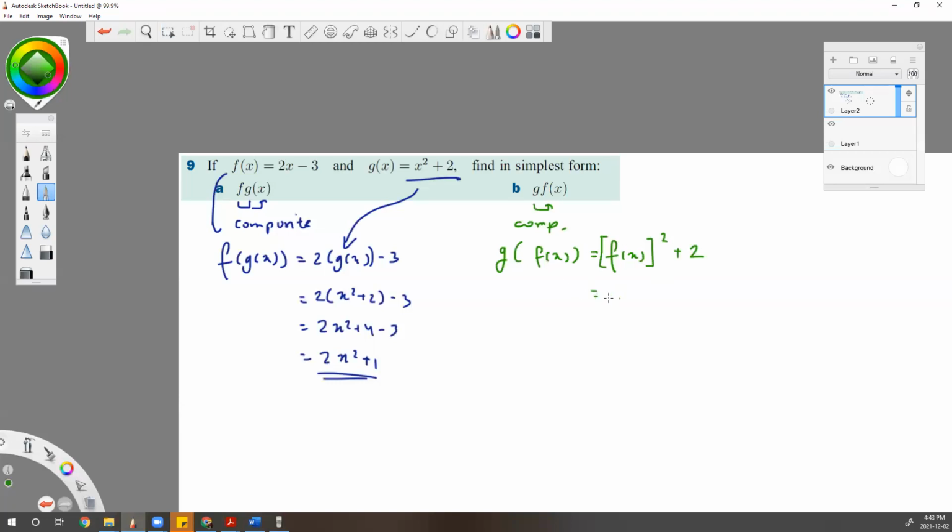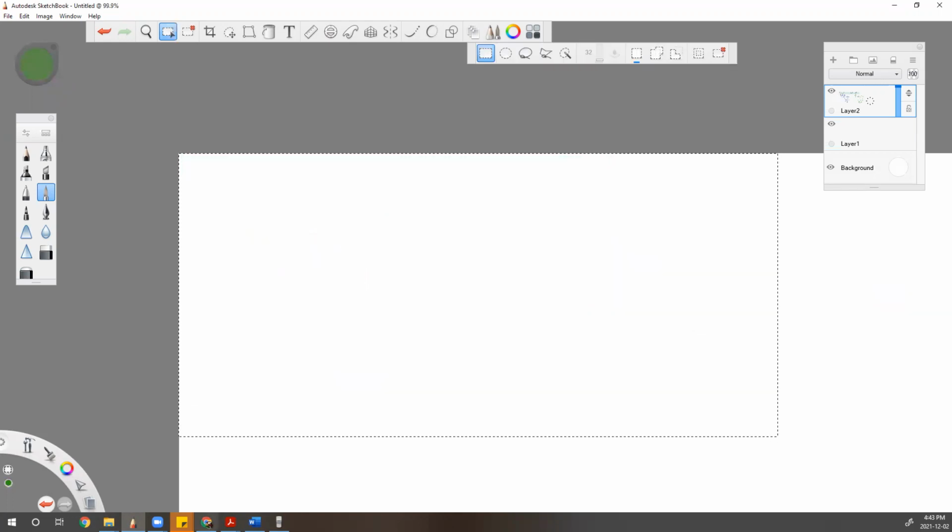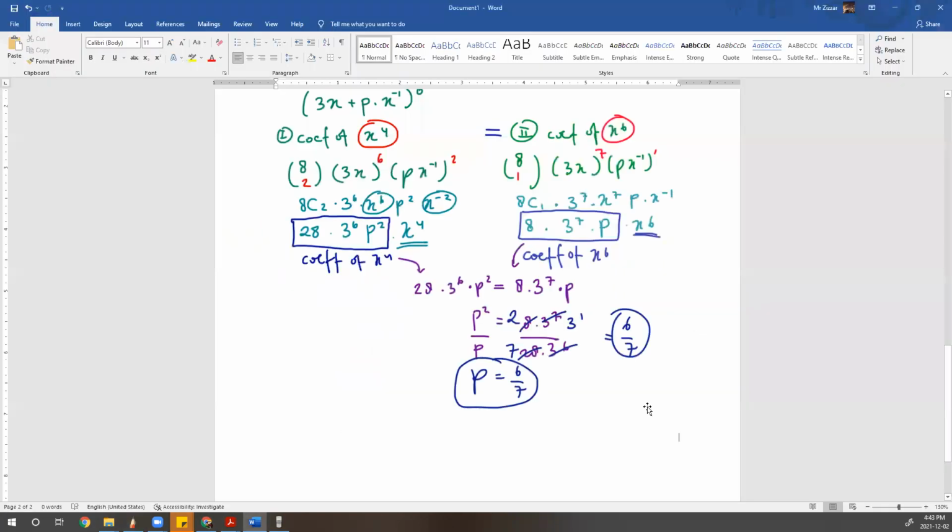So what is f(x)? (2x minus 3) squared plus 2. Okay, do it one by one. 4x squared, expand, minus 12x plus 9 plus 2. Right, so 4x squared minus 12x plus 11. This will be the composite function. And then we deal with the inverse right now.